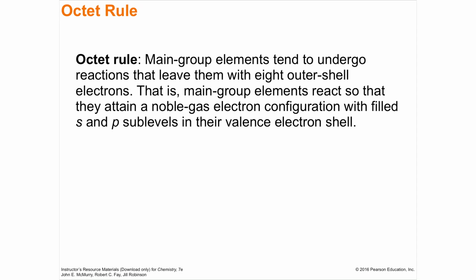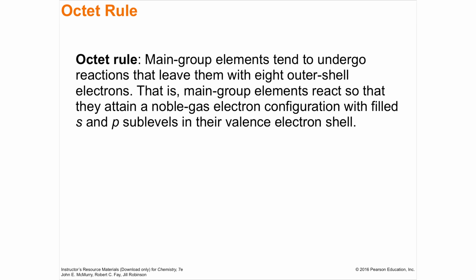The octet rule. Representative elements, such as anything in the s subshell and p subshell columns, are going to seek to be the most stable that they can be, and they tend to react over and over again until each atom in every compound has 8 electrons in its valence shell.